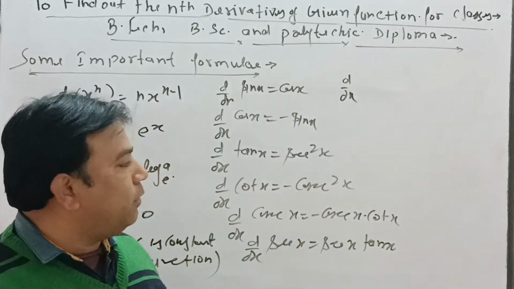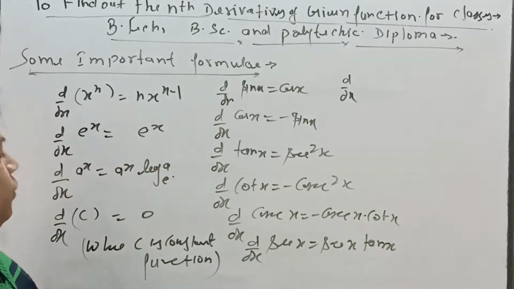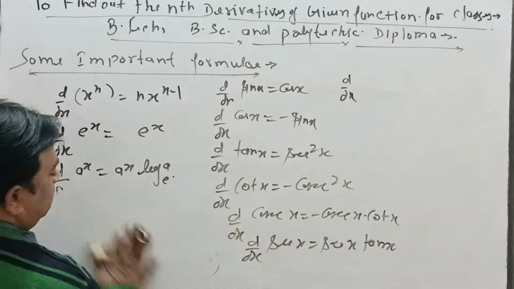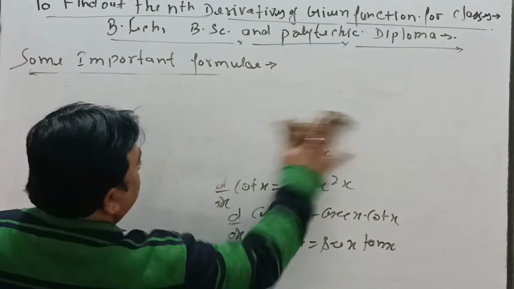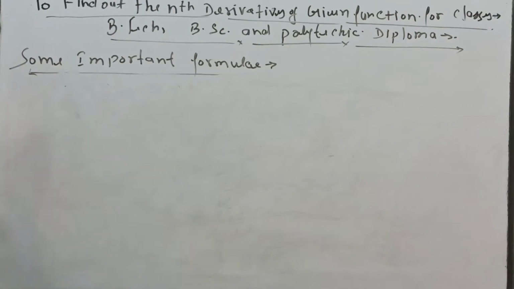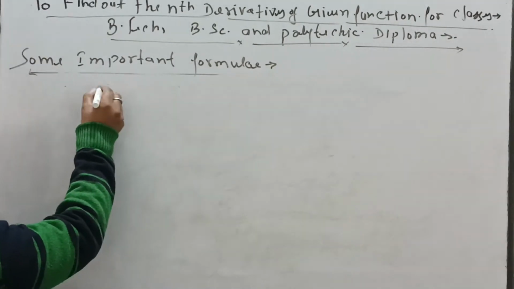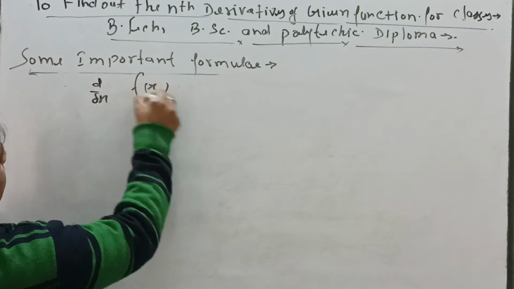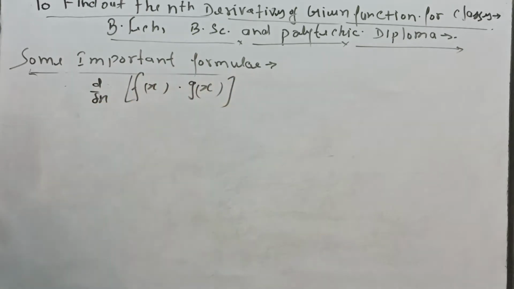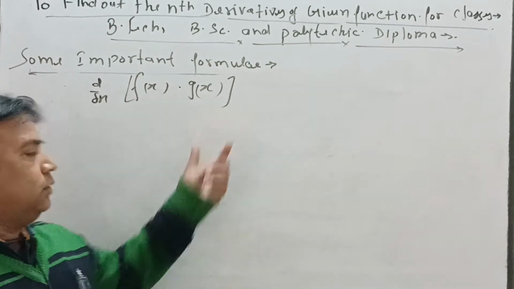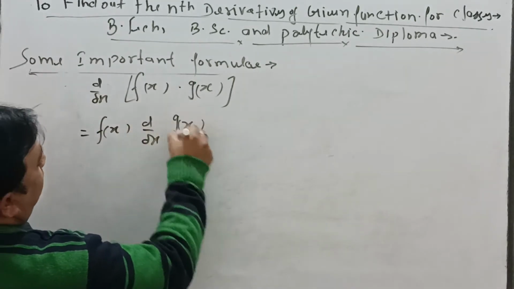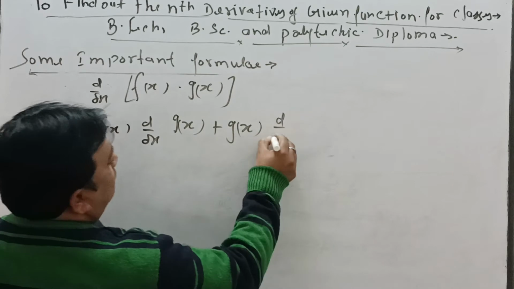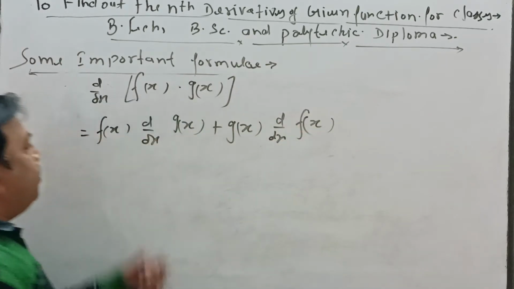Please note this formula. d over dx of f(x) into g(x): here the first function is f(x) and the second function is g(x). So it is f(x) d over dx g(x) plus g(x) d over dx f(x). This is the product rule.